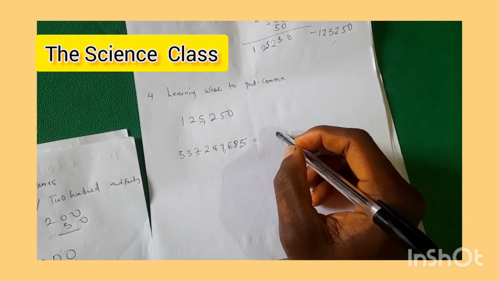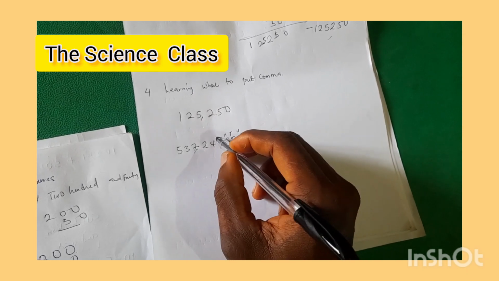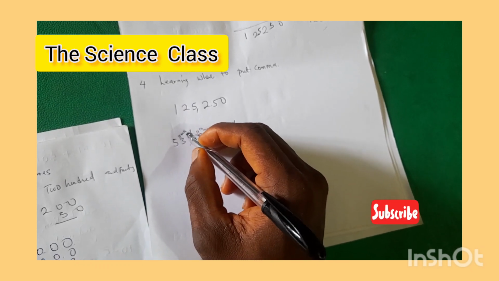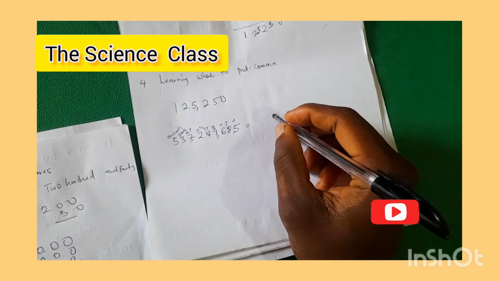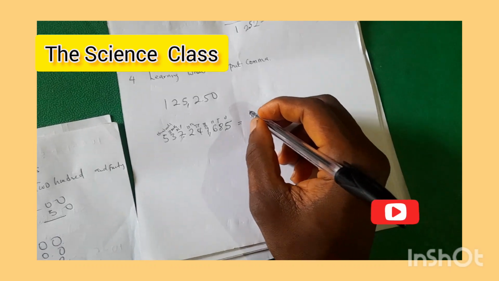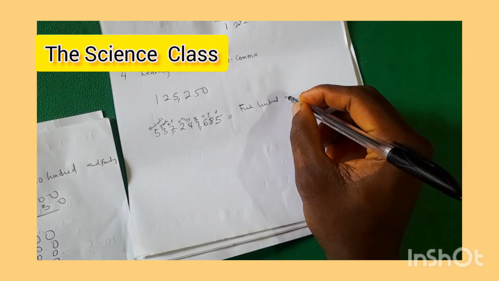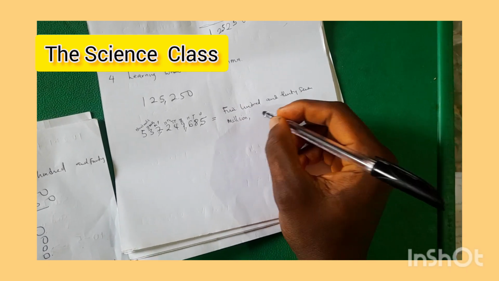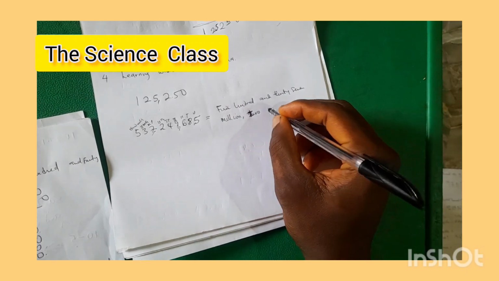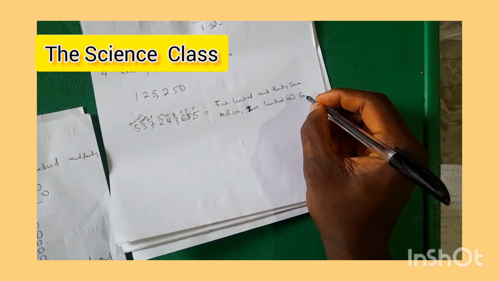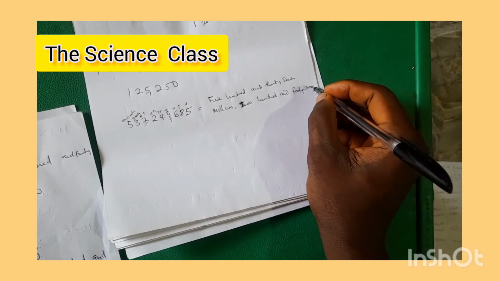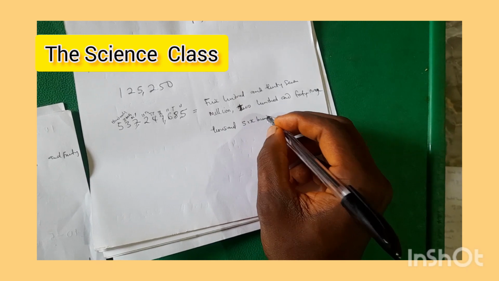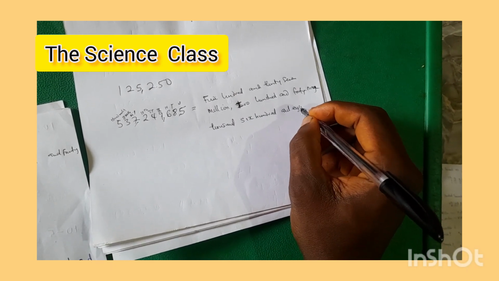So this gives you unit, tens, hundreds, thousand, ten thousand, hundred thousand, million, ten million, hundred million. So this is 537 million, comma, 249,685.